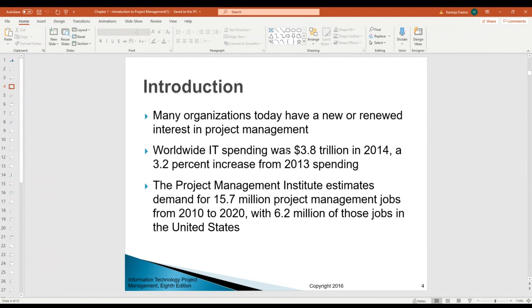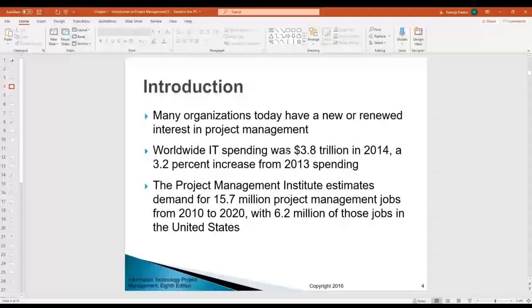There's a lot of money being invested, and that is an example of what we call a project. We'll have a clear definition of a project, but trying to find a cure for COVID is a project.